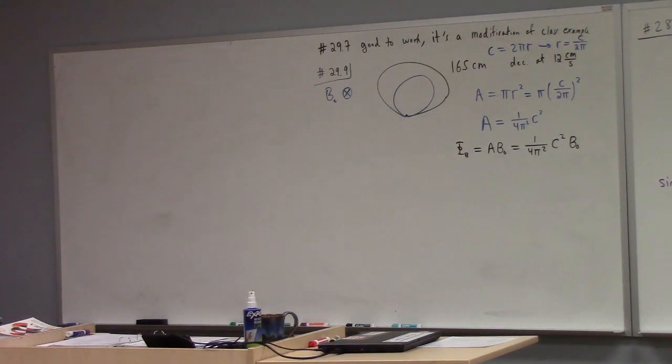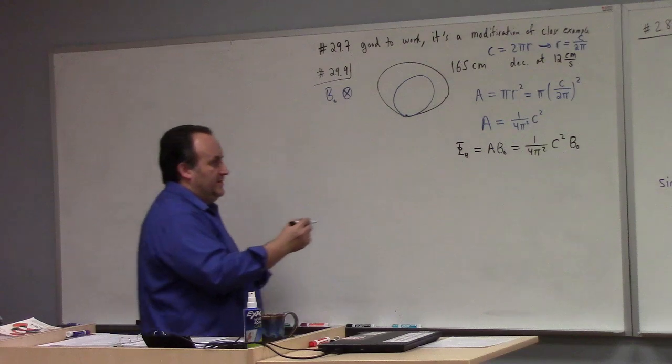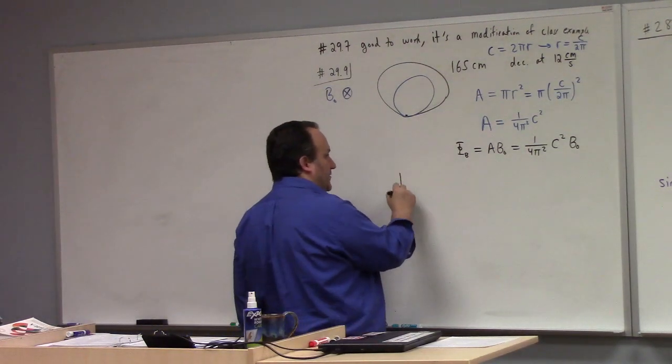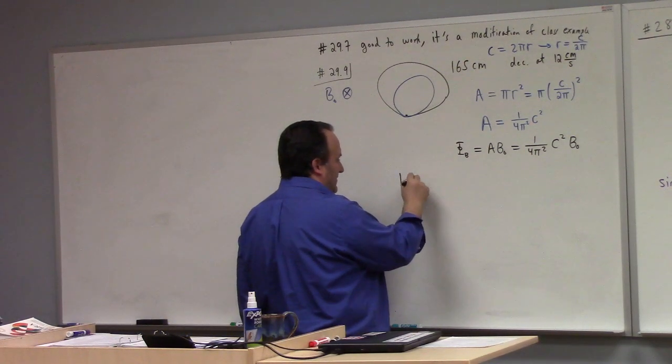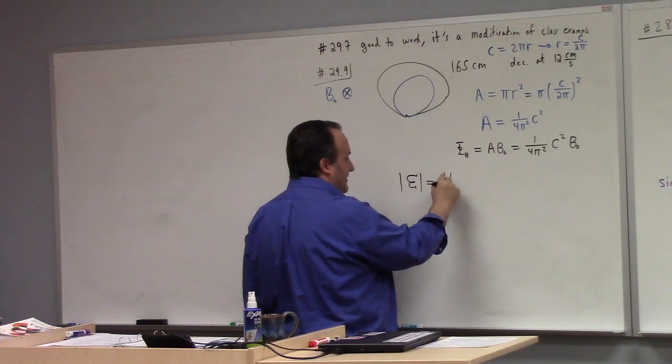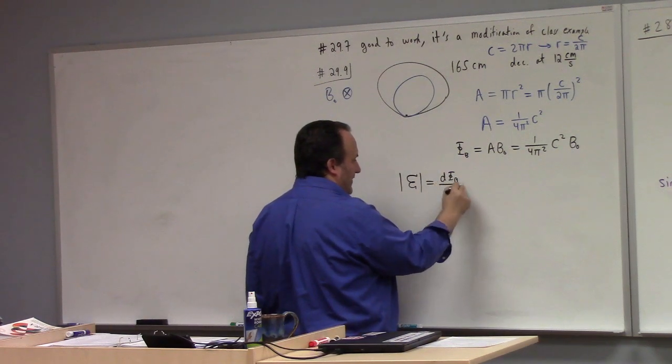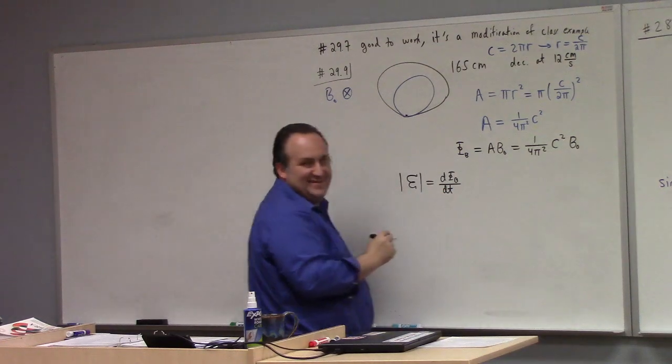We need to differentiate this, right? Faraday's law says d phi B dt. I'm going to just put a magnitude here. The magnitude of the voltage is d phi B dt. I don't care for that minus here.